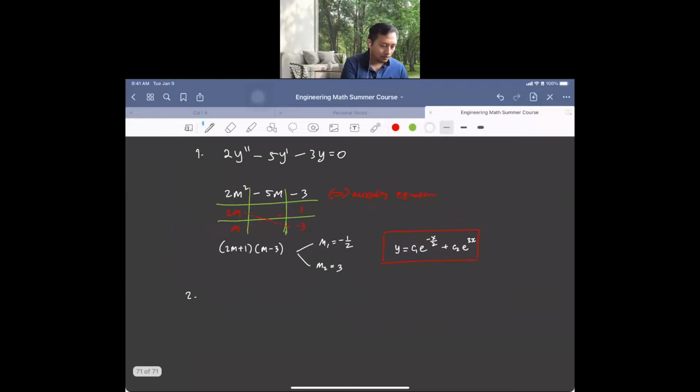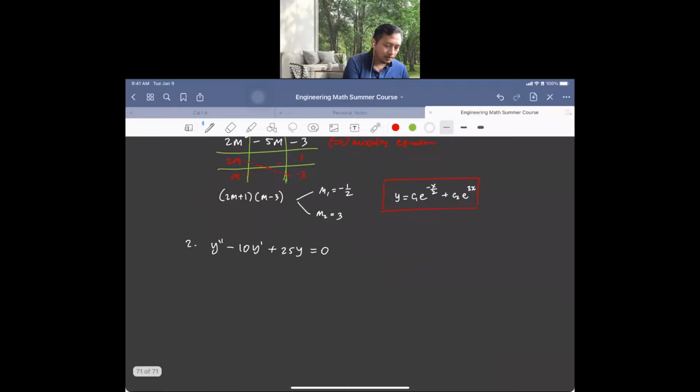For the second one, y double prime minus 10 y prime plus 25y. Whenever you have this kind of second order equation, with exactly y double prime, y prime and y, you can directly go to your auxiliary equation, find the roots and find the general solution.